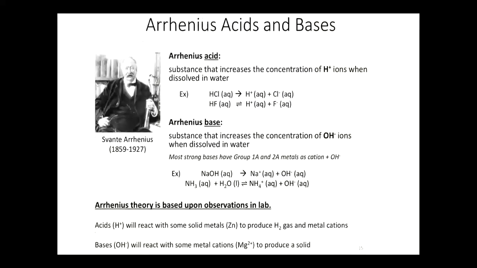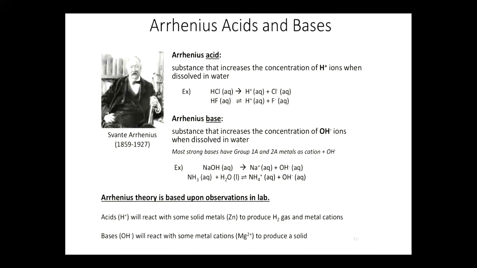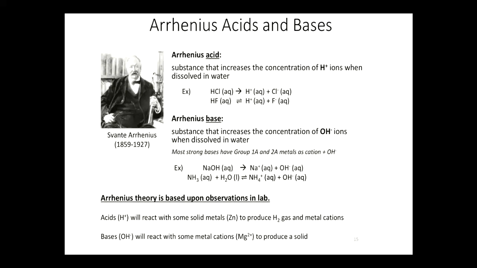Arrhenius acids and bases. All right, so this was back in 1210. This is how we knew HCl was an acid and sodium hydroxide was a base. Arrhenius acids donate H+, or increase the H+ concentration of a solution. So the giveaway of an acid was if there was an H+ present in it.